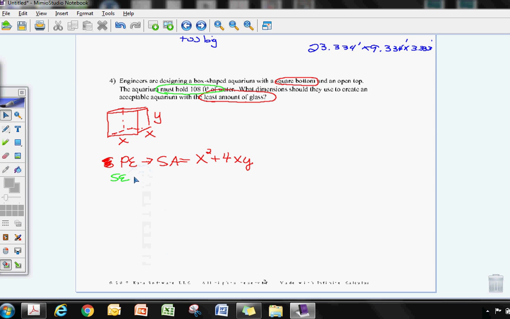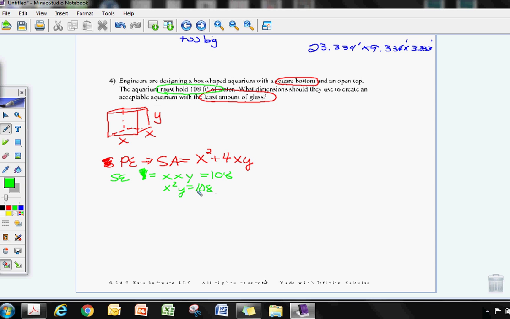My volume equals its length times its width times its height, and it's going to equal 108. So this V was technically not needed. I put it there so you knew that it was volume. Length times width times height is 108. So in other words, X squared times Y is 108.